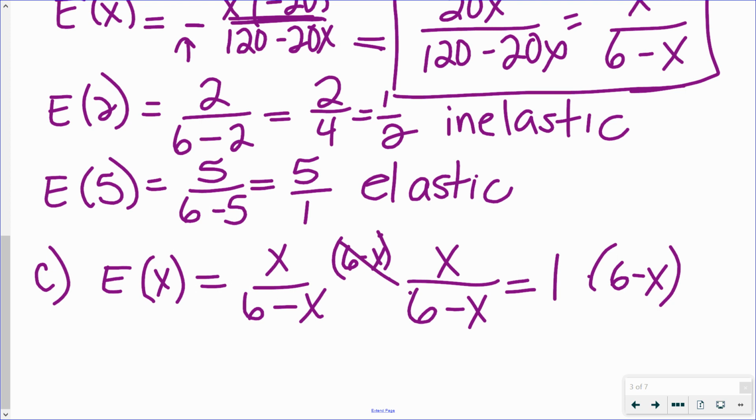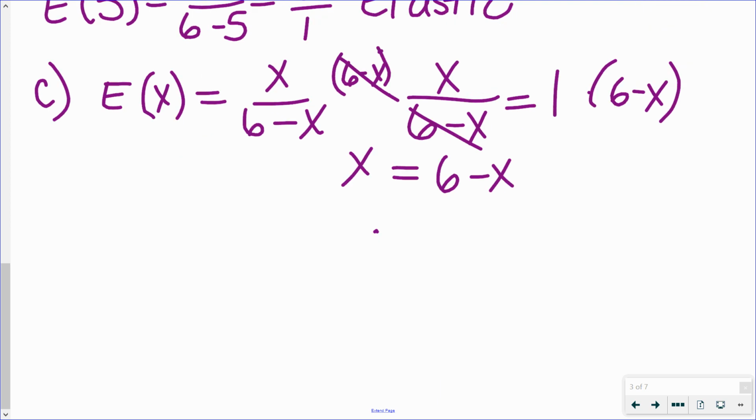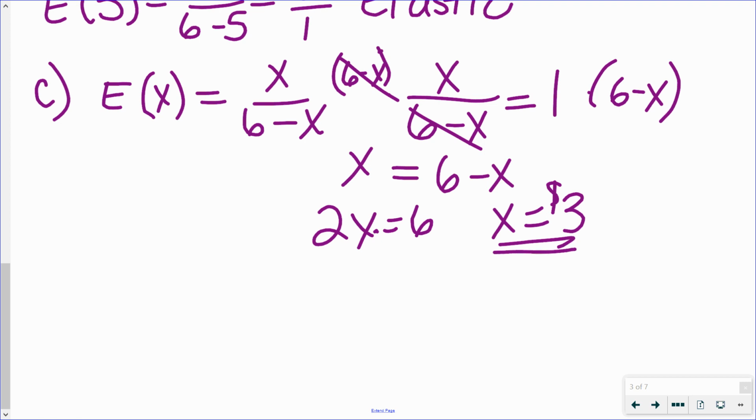We do that because on the left-hand side, that's going to cancel out. So we're left with x. And on the right-hand side, 1 times 6 minus x is 6 minus x. Let's add x to both sides. So we get 2x equals 6, which means x equals $3.